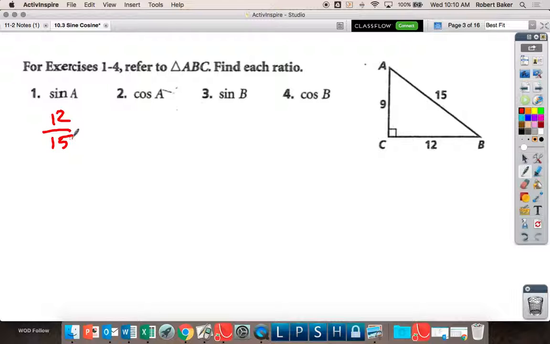Cosine of A is 9 over 15. And then flippy flop. As we flip to the sine of B, the sine of B is 9 over 15. And the cosine of B is 12 over 15.